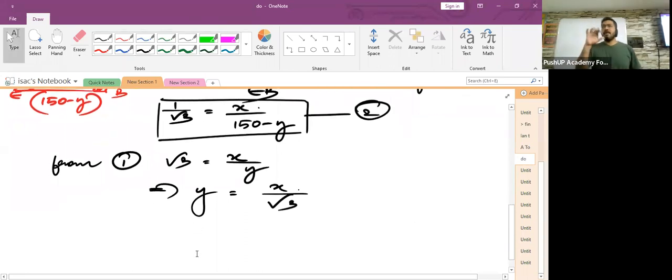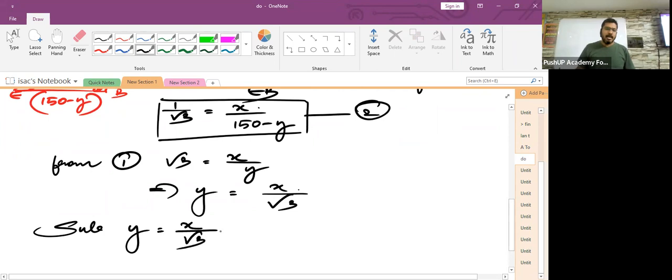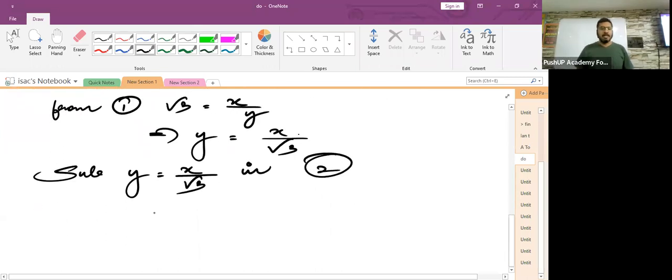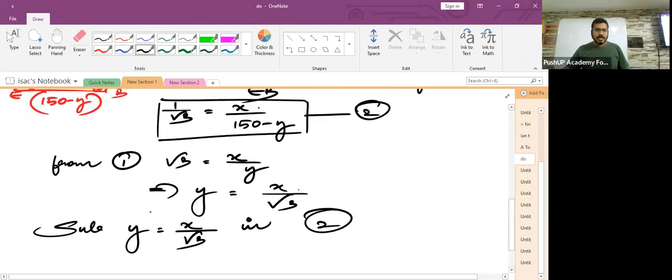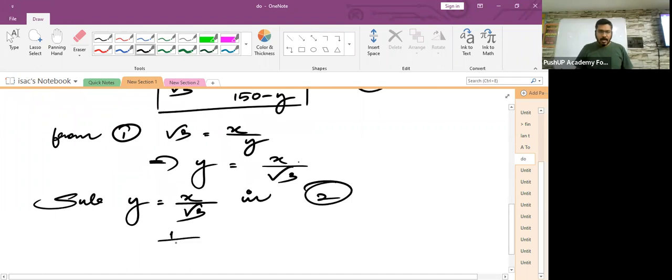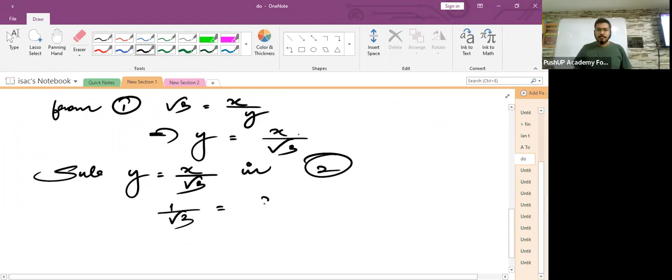I'm expressing Y in terms of X. Now what I will do next, I will take the value of Y as X upon root 3 and substitute in equation number 2. What is equation number 2? 1 upon root 3 is equal to X upon 150 minus Y.